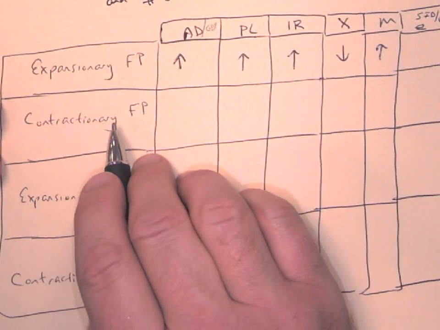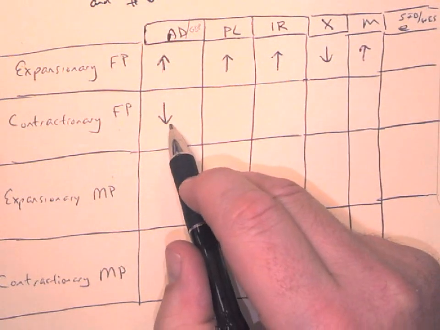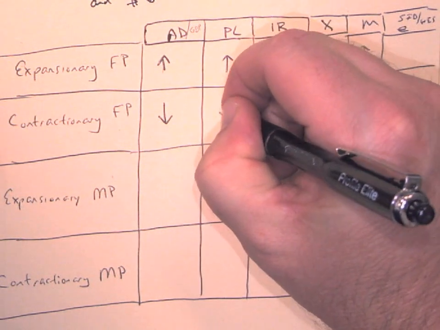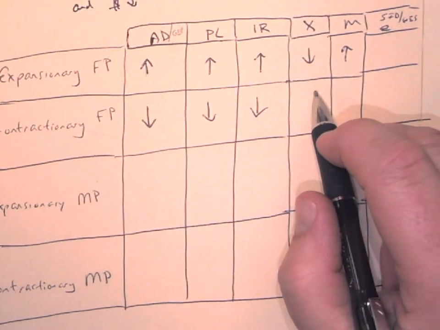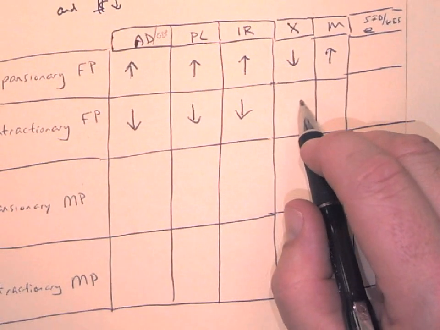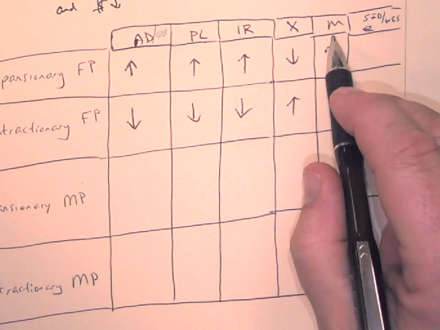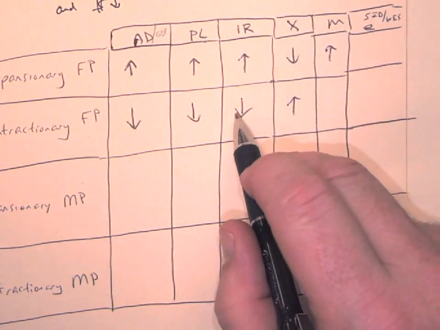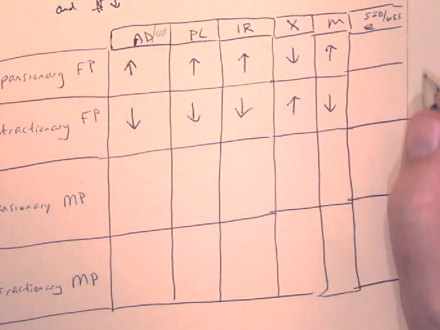If we have a contractionary fiscal policy, something to get us out of an inflationary gap, aggregate demand would go down, that would make our price levels go down, that would make our interest rates go down, and if our price levels are down, our exports are going to increase because of our relatively low price levels and cheaper goods and services. That means our imports would decrease as well.